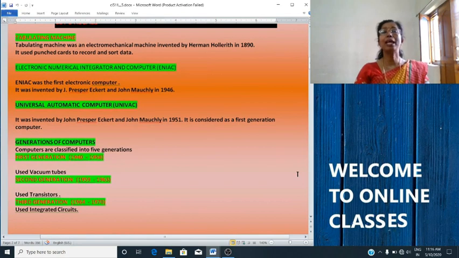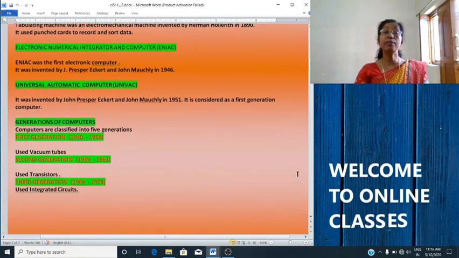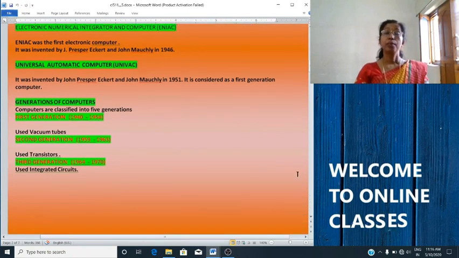Then we studied about the electronic numerical integrator and computer. It was invented in the year 1946 by J. Presper Eckert and John Mauchly. This was a very huge machine. This is considered as a first generation computer.